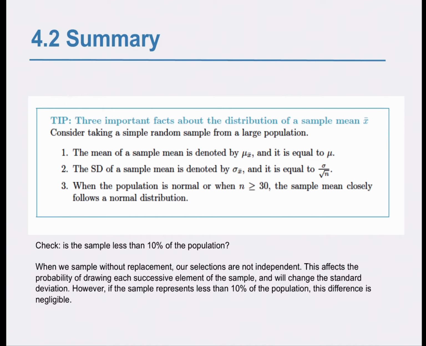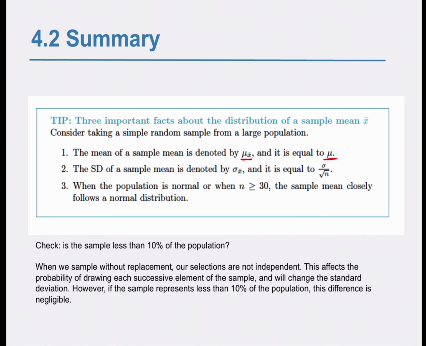So, important facts about the distribution of a sample mean x bar. The mean of a sample mean is mu x bar, and that's equal to mu, right? So the mean of the sampling distribution is equal to the mean of the population.